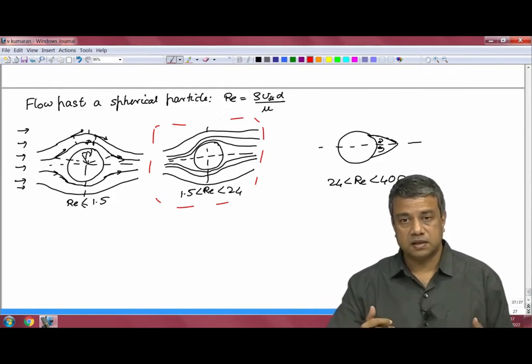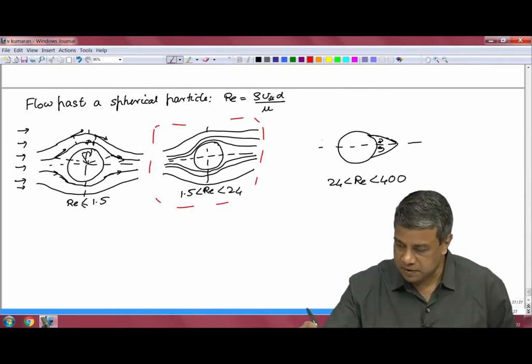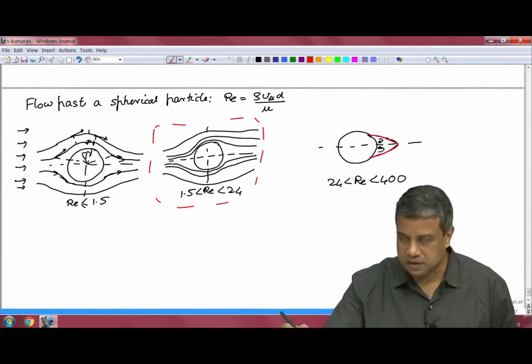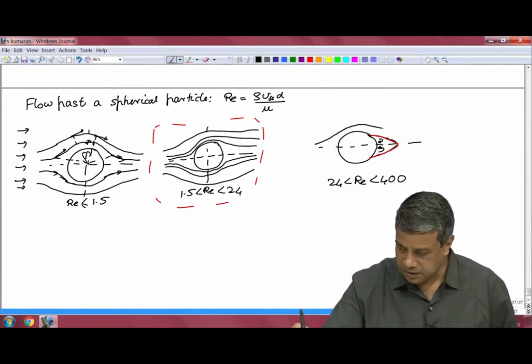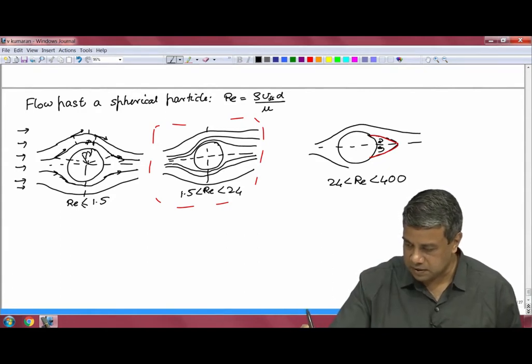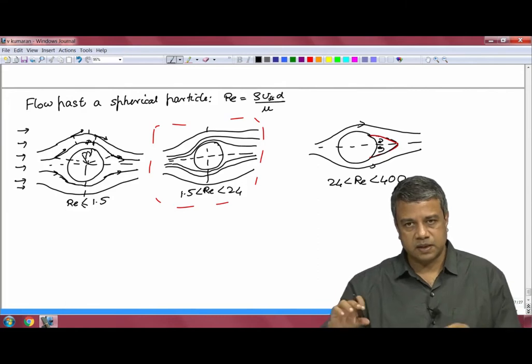That is valid for all of the fluid that is flowing past. In this particular case, the fluid within the separation bubble is recirculating, and the fluid outside that has asymmetric trajectories. This recirculation is steady within that separation bubble.